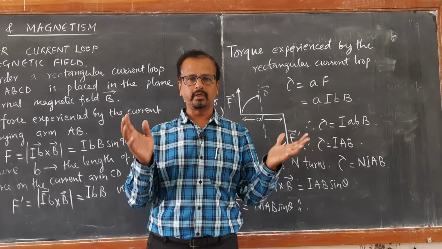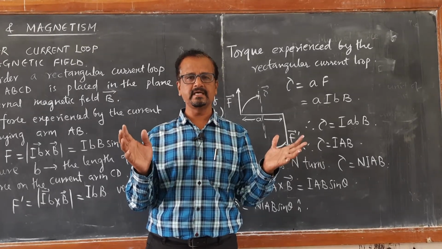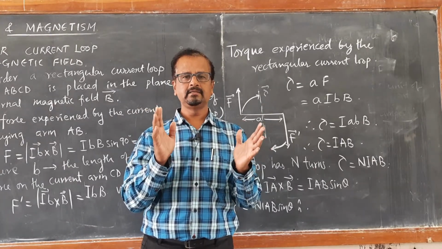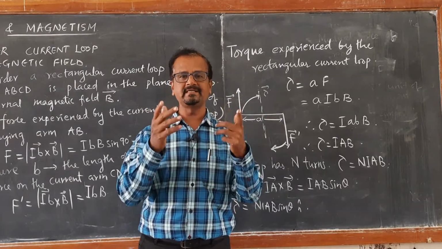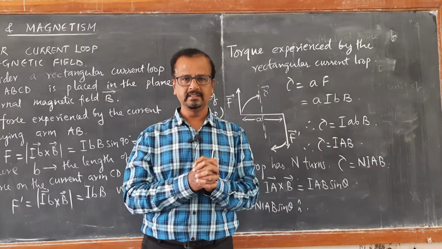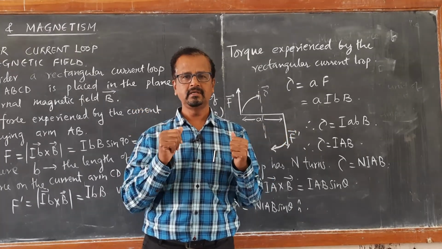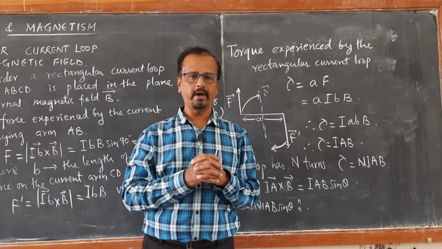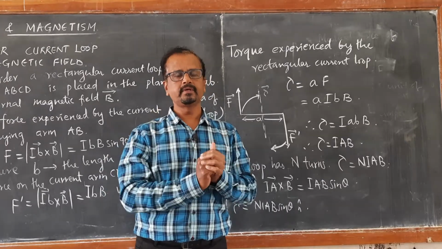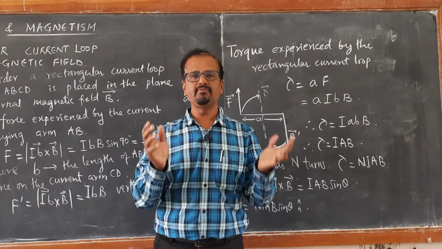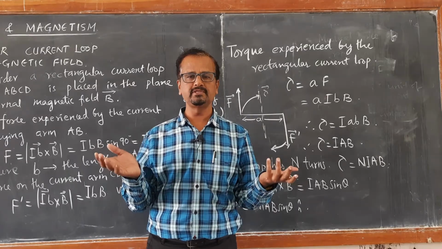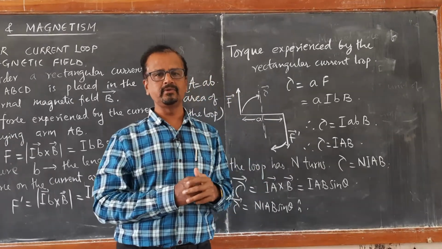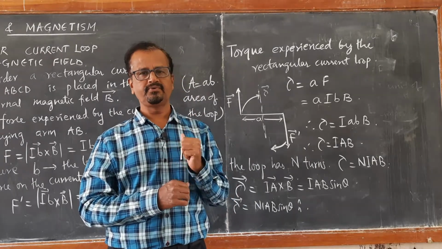So, totally, what we learn from this discussion is that when a rectangular loop carrying a steady current is placed in a magnetic field, it experiences a torque, and the tendency of the torque is to turn the loop, right? So, this becomes the principle of the moving coil galvanometer and also the principle of the motor. We use Fleming's left hand rule to identify the direction of force, right?